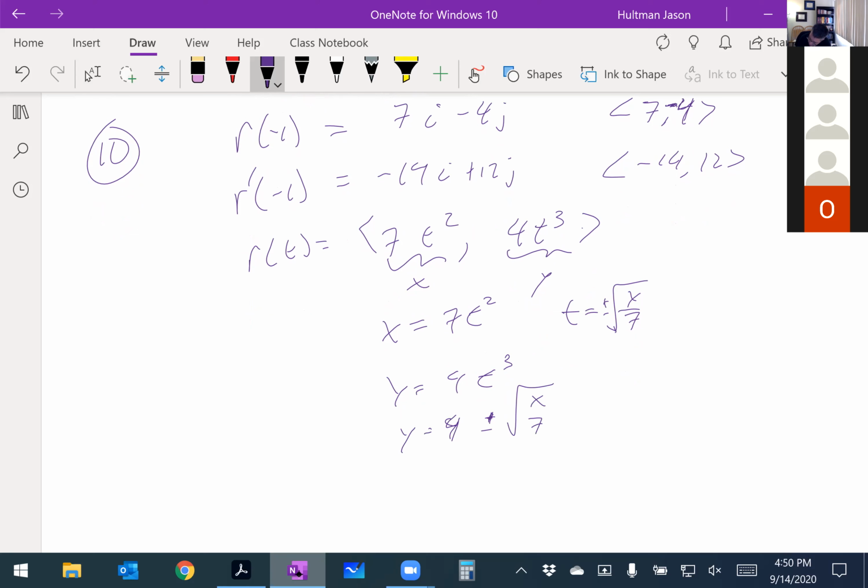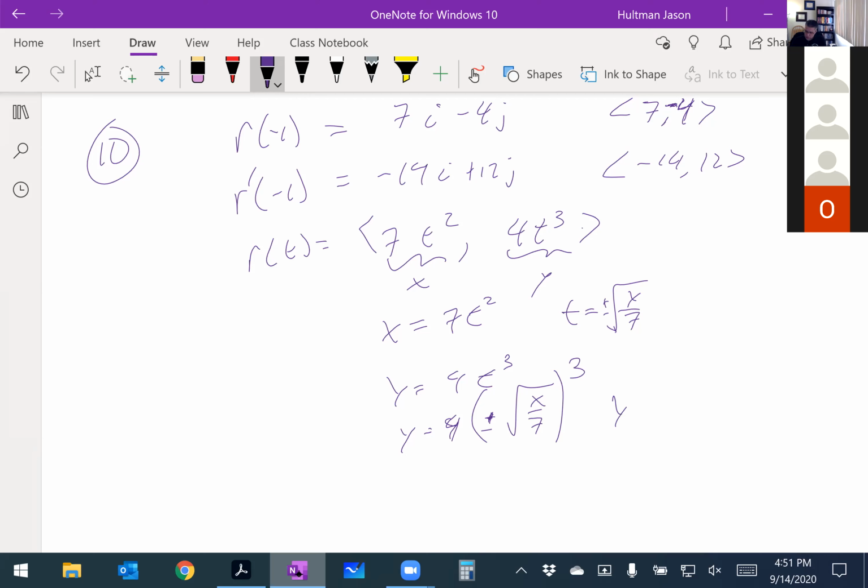X over 7, okay, to the third power. Okay, x is always positive, that's fine.